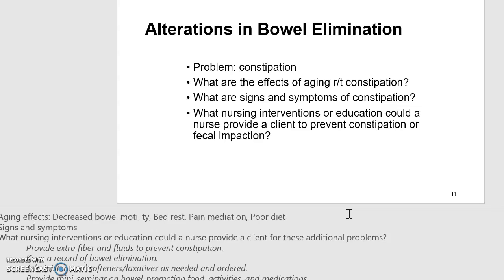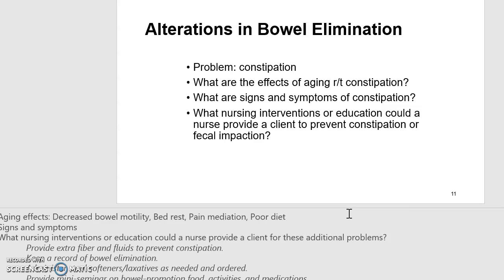So we know that when people have less mobility overall, that decreases their bowel motility. So sometimes activity and movement can increase bowel motility and decrease constipation. People who are on pain medication, opioid pain medications, that can affect bowel elimination, and poor nutrition too.